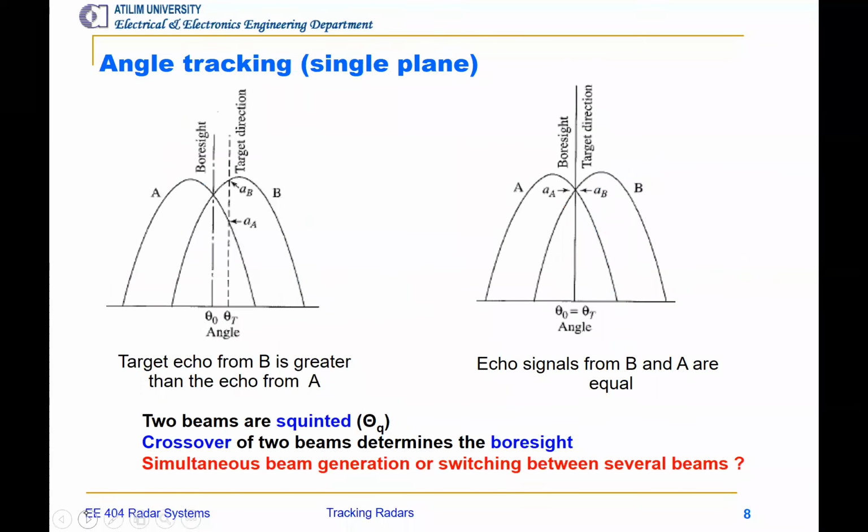Okay, as we have shown in the previous slide, we need several beams to track a target. And if we consider a single plane, let's say the perpendicular plane, we have a target here, and we create 2 beams.